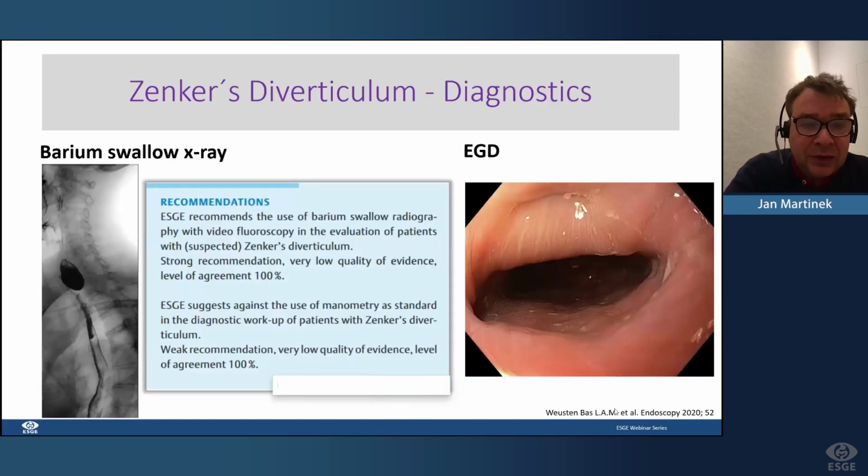What about the diagnostics? The key for diagnosis is endoscopy and X-ray. On X-ray, you can see the sac on the posterior side of the esophagus. The size of the diverticulum may vary between a few millimeters and centimeters.